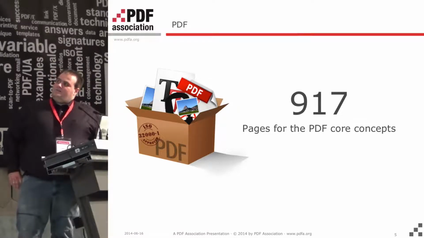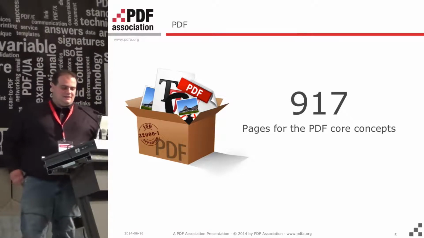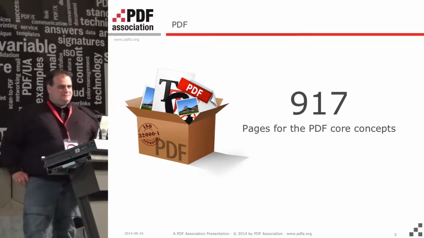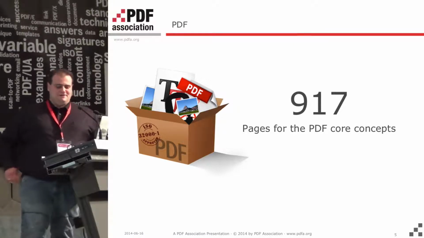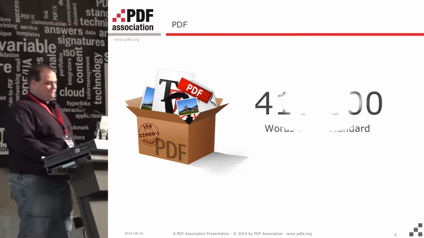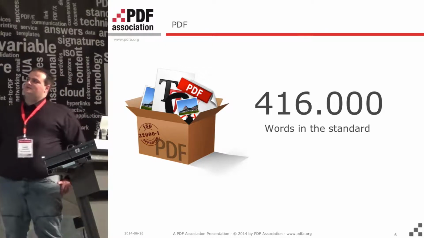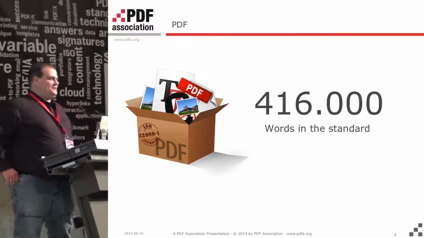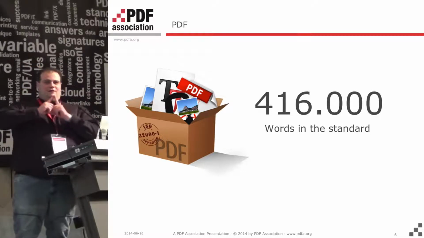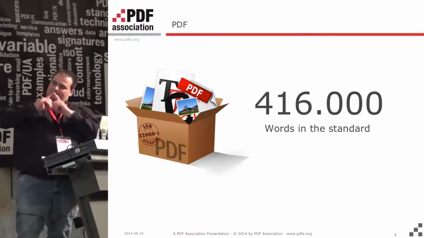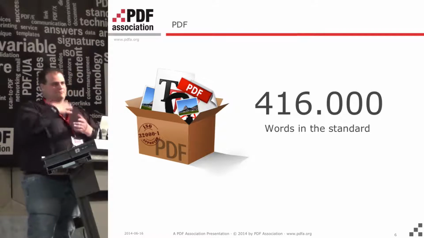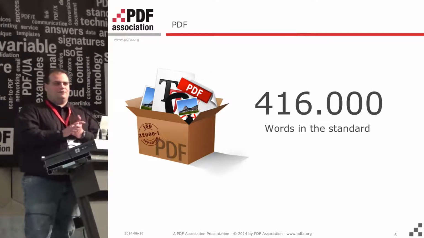And with 970 pages, I can say there's a lot of text. I've counted the words. We have 416,000 words within that PDF standard. And if you think about it, there's a factor. I have a personal opinion about that factor.